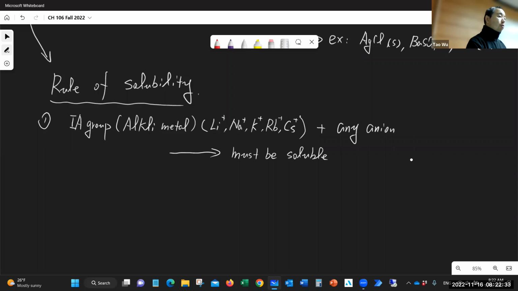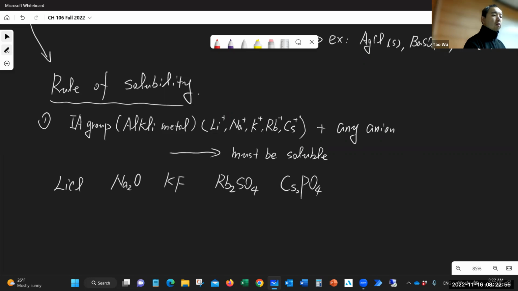So for example, we have lithium chloride, sodium oxide, potassium fluoride, rubidium sulfate, or cesium phosphate. You see, those all have the 1A group metal as the cation.